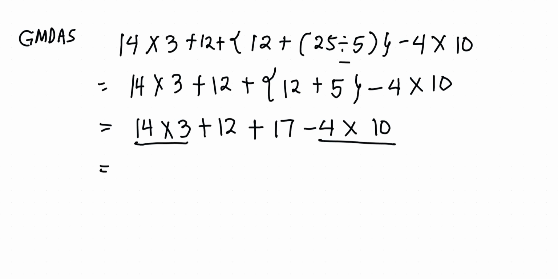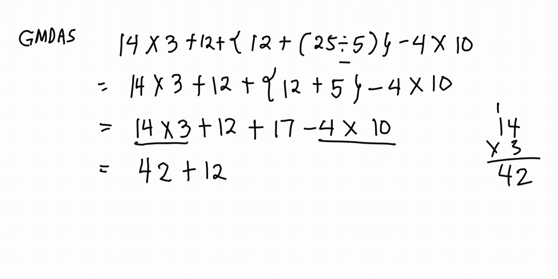So 14 times 3, that is 42, right? 42 plus 12 plus 17, and then 4 times 10, and that is equal to 40. So minus 40. So we already solved the 2 multiplications.